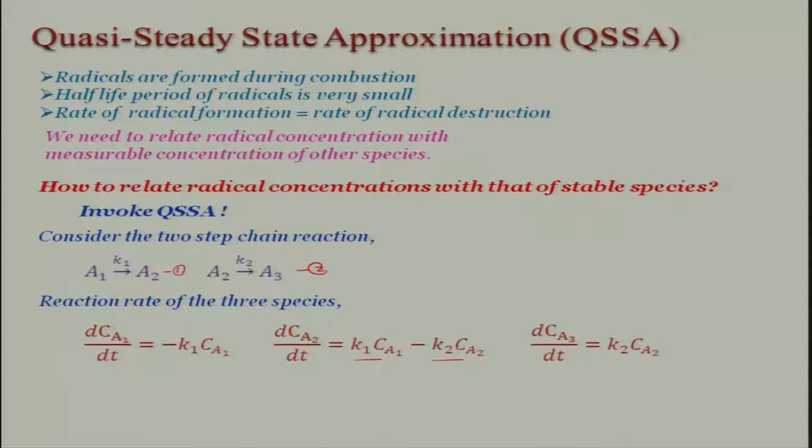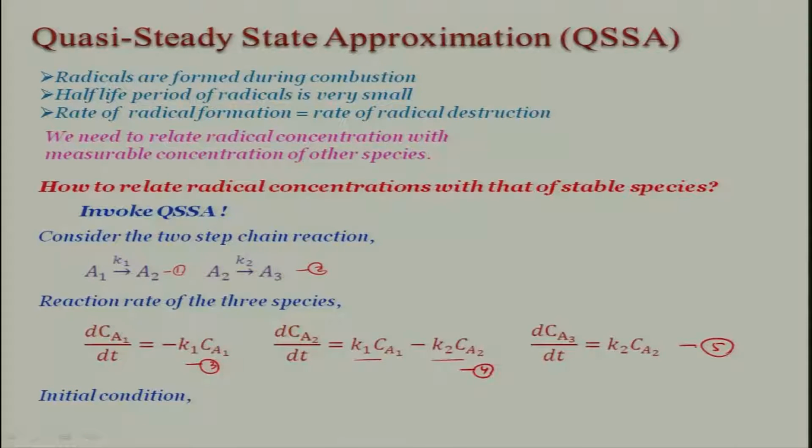And dCA3/dt is basically from reaction 2, that is K2 CA2, right. So, this is equation 3, this is 4 and this is 5. I will have to solve these and relate them and do some approximation.